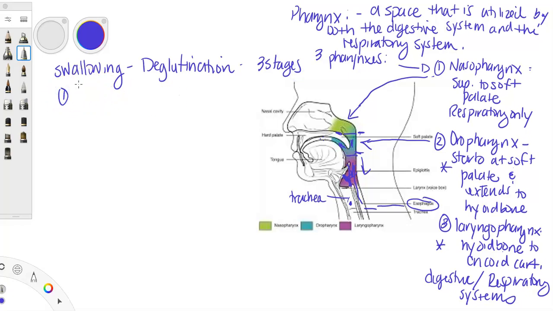So it has 3 stages, one of which is voluntary, and the other two are involuntary. So voluntary meaning you have control of it. So the first stage is called the oral or buccal stage. And it is voluntary.